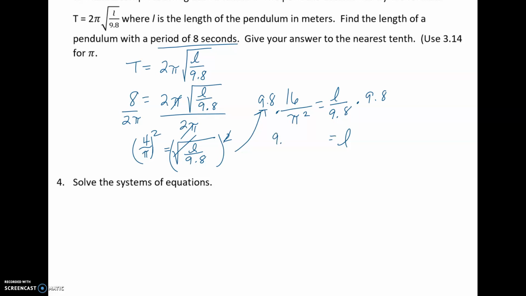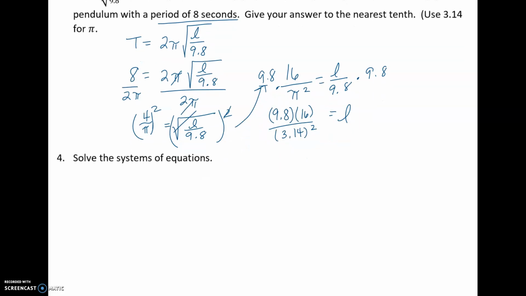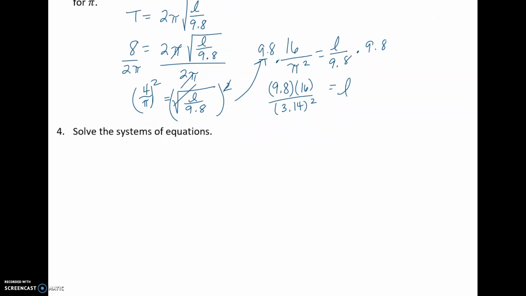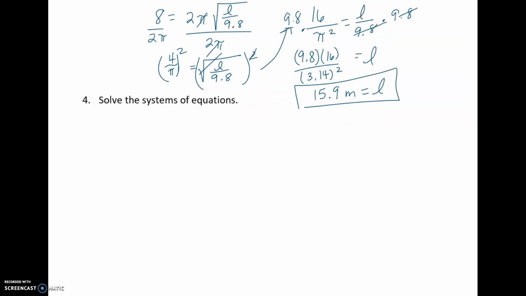So you're going to have 9 8/10 times 16 over 3.14 squared. I would plug that into your calculator just like that. And it says to give your answer to the nearest tenth. When you plug that in, you want to double check, but you should get 15 9/10 meters as your length.